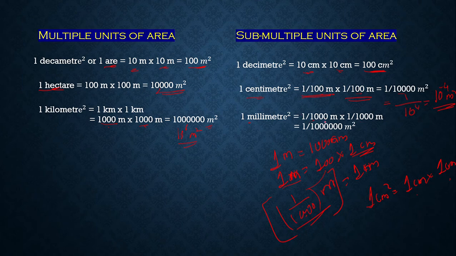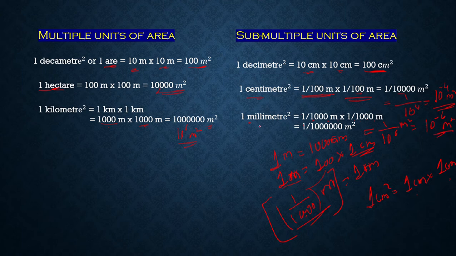So 1 upon 1000 meter into 1 upon 1000 meter will give you 1 upon 6 zeros. So that will be 1 upon 10 to the power 6 meter square, which is nothing but 10 to the power minus 6 meter square. So once this comes up, it becomes minus sign, 10 to the power minus 6.